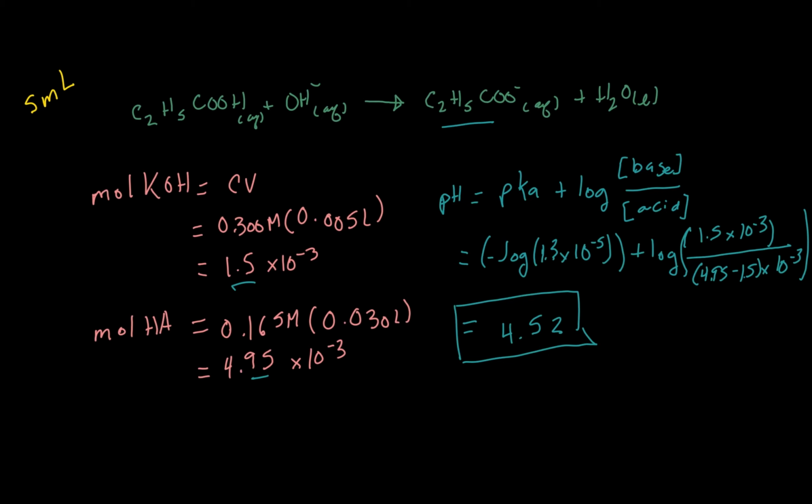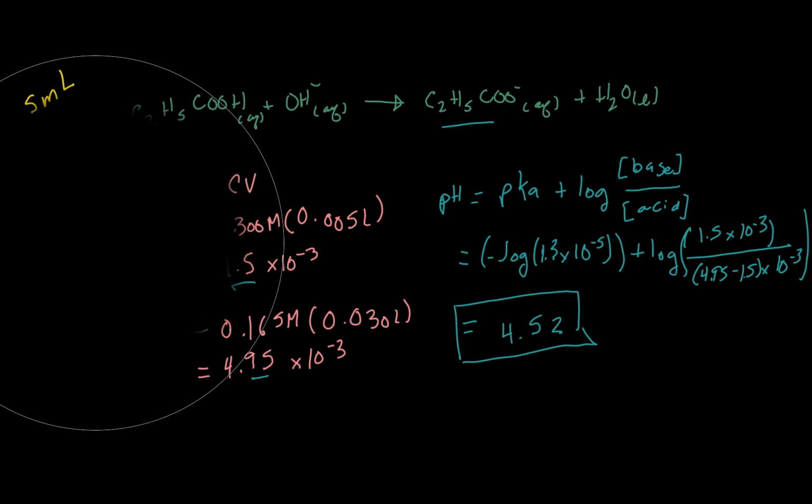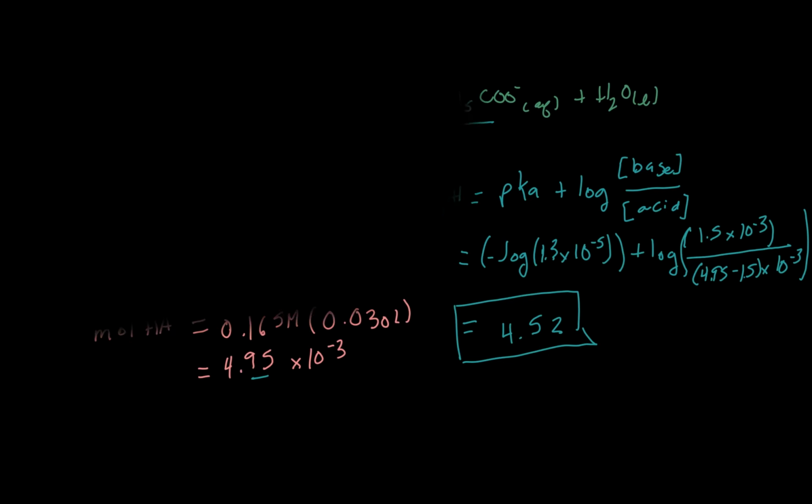Okay, next, 10 milliliters. Now, 10 milliliters is exactly the same, so long as the moles of potassium hydroxide are less than the moles of acid, right? Because you saw the way that I just did it with the difference in the denominator means that if that difference goes negative, then that's not going to work.